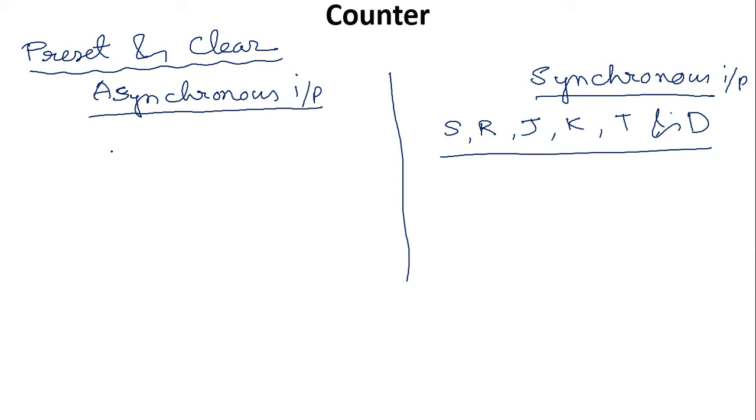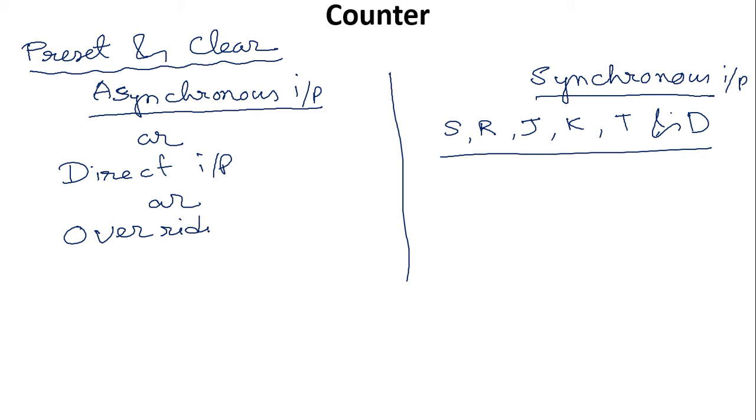That we can call asynchronous input, or it can be called direct input, or you can say this one is an overriding input. Why it is called overriding input, I am coming to that.